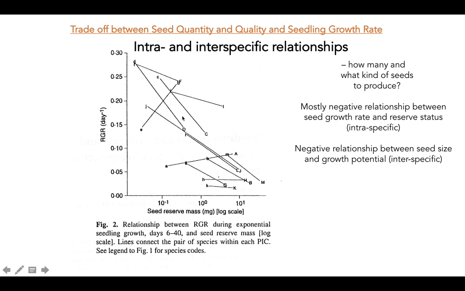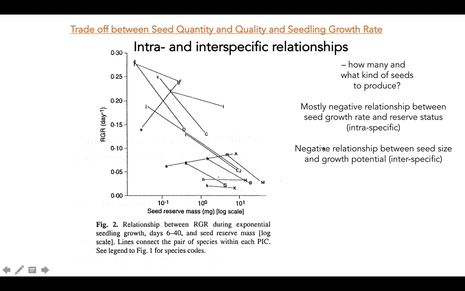Within each of these separate lines, this is connecting closely related species within a genus. But then also if we look across all of these different data points together, we're now looking across all of these different species. And so in general, we see mostly a negative relationship between seedling growth rate and the reserve status of a plant.